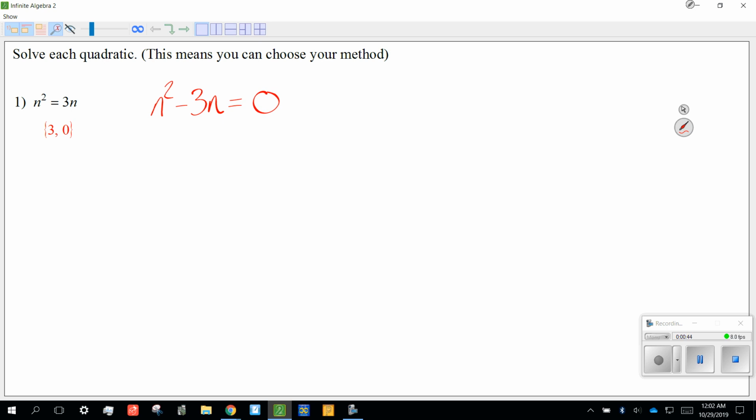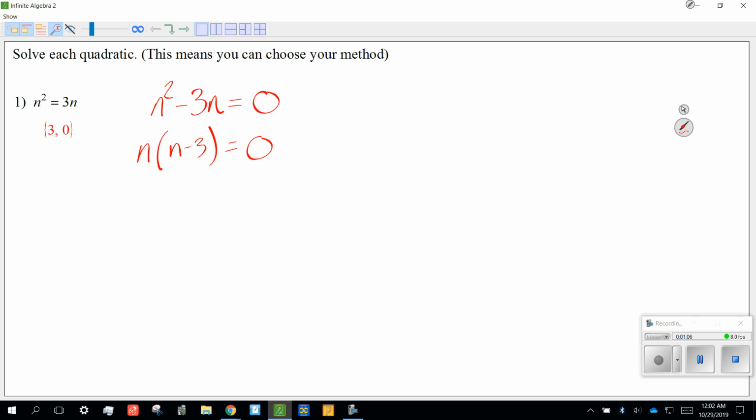Okay? And so what you might see here is that you could divide everything by n. Then you would end up with n minus 3 equals 0. But what happens there is you lose a factor. So rather than divide by n, let's factor an n out. And we'll get n times n minus 3 equals 0.